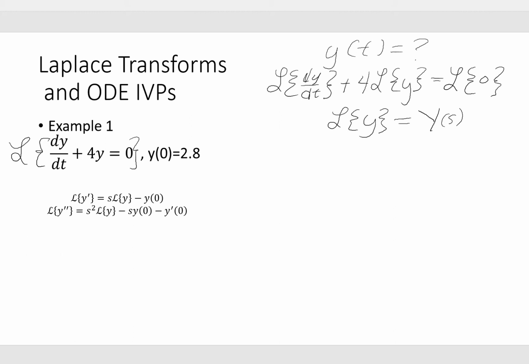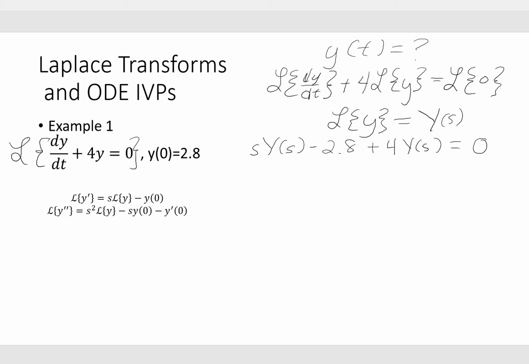Okay, so let's rewrite that derivative term. It will come out as s times the Laplace transform of y, so that's capital Y of s, minus the initial value constraint, so that's 2.8, plus 4 times the Laplace transform of y, and all this is equal to the Laplace transform of 0, which is 0.